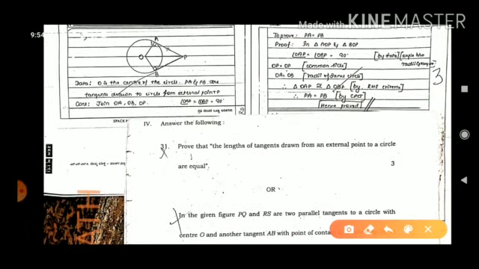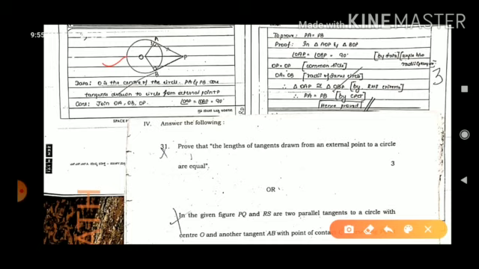Now the theorem. As you all know, the figure is very important. If without a figure you are explaining everything and proving everything, it is useless. So write the figure. For the figure there is a separate mark. Data, construction, to prove. In a theorem there will be separate marks for each and every step.